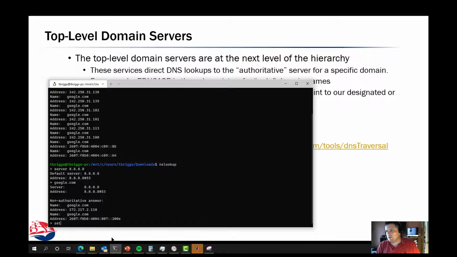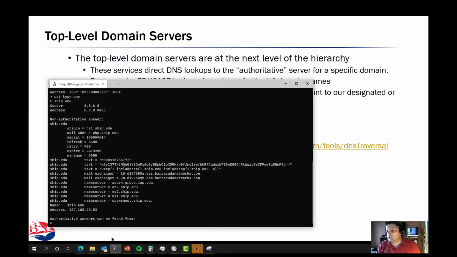But you can do other things. Like we can say set type equals any, and I could ask for ship.edu. And when I ask for ship.edu, what 8.8.8.8 tells me is that our name server is ns1.ship.edu, and that's its IP address.